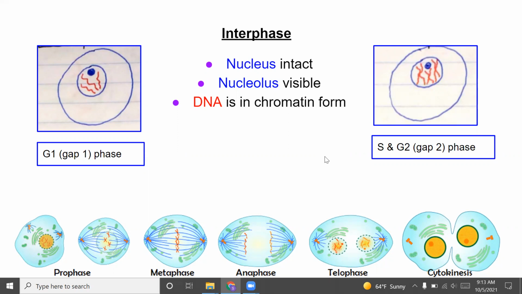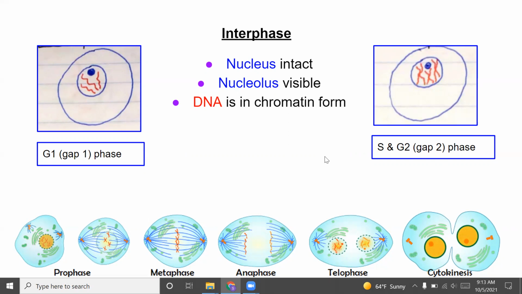On page 4, can you please draw both G1 and the S and G2? So you're doing two circles. And I do want this in color. Color matters.